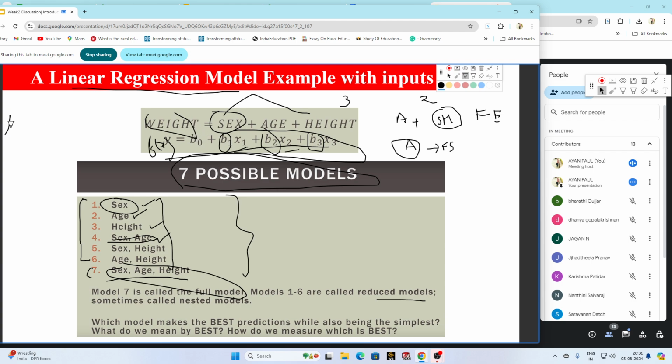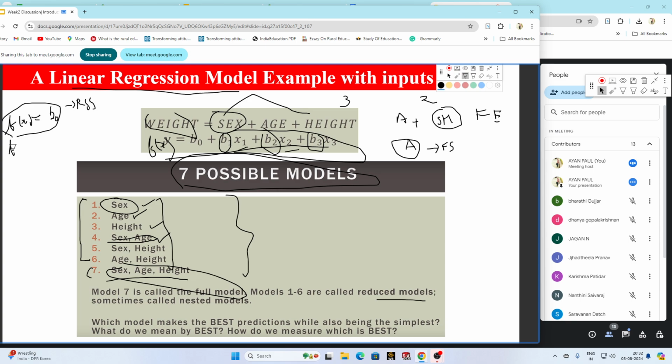We will make a machine learning model f(x) equal to beta naught. That means we will be starting with the intercept, and then we will add our inputs one by one. This is one model, right? f(x) equals beta naught, and for this model we will find the RSS.